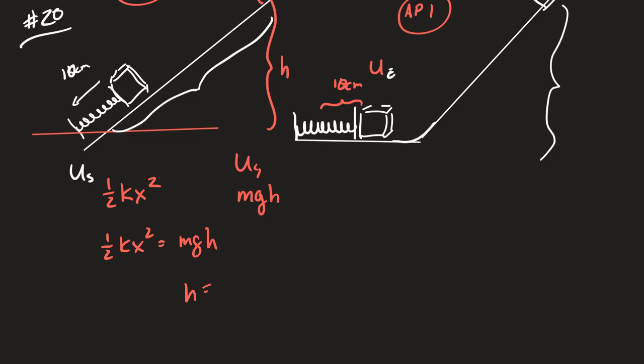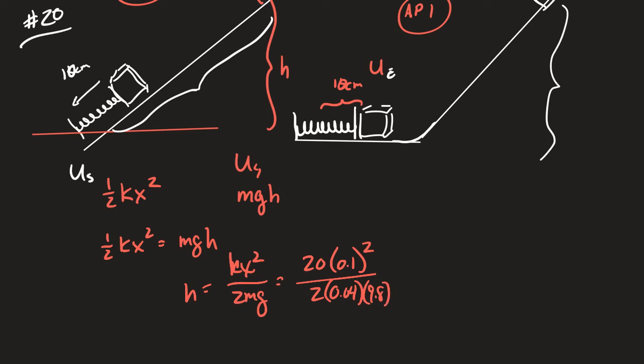So h will be kx squared over 2mg. That will be 20 times 0.1 squared over 2 times 0.04 times 9.8. Your mileage may vary if you guys had different numbers. Can you guys bust that through? We're going to need this number to figure out the answer.